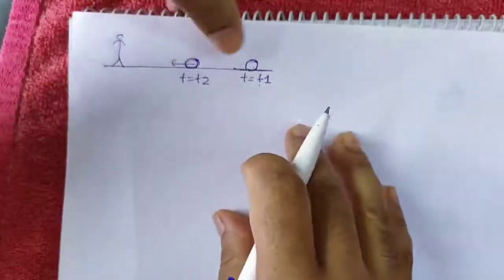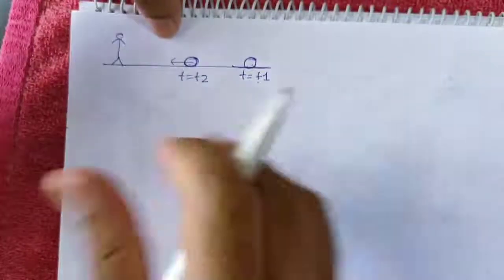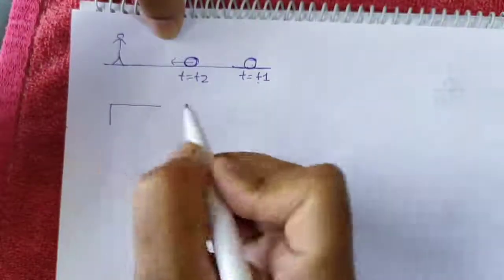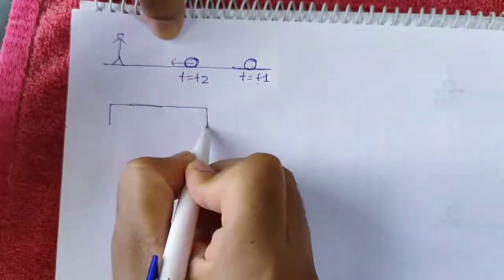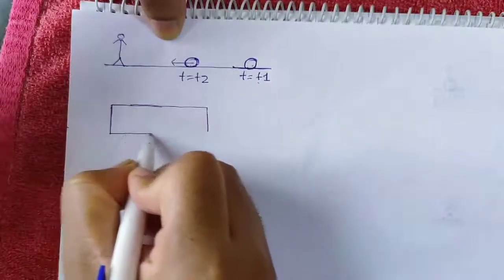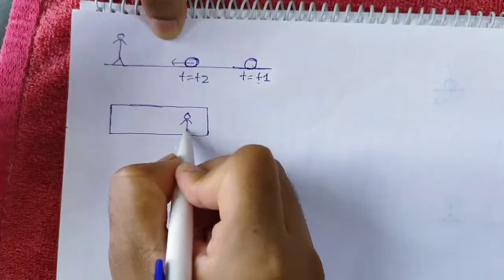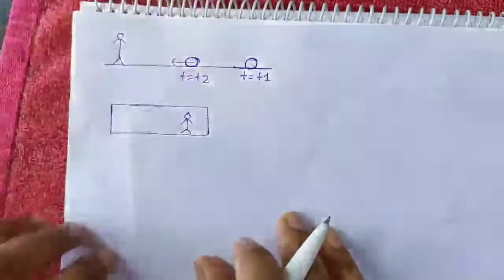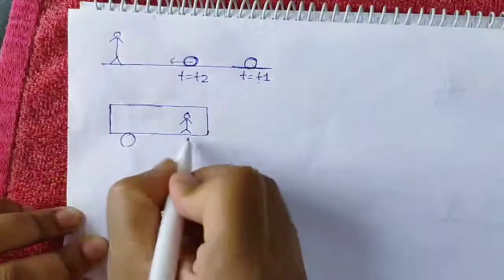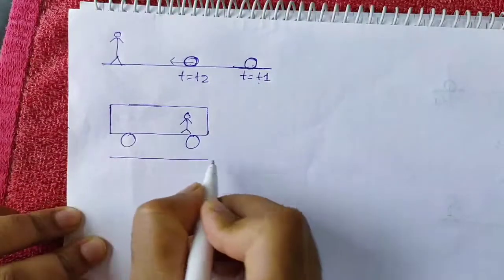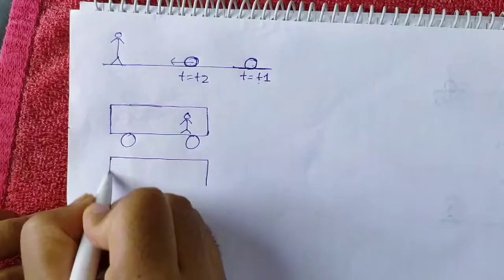Let us take another example. You are traveling in a bus. This is you, and you are standing in the bus, and there is another bus which is moving in parallel to this bus.